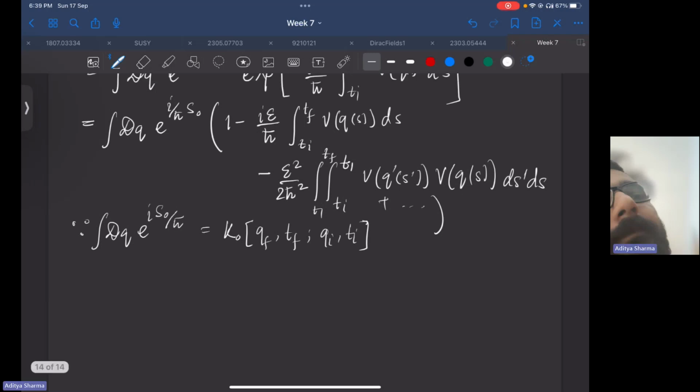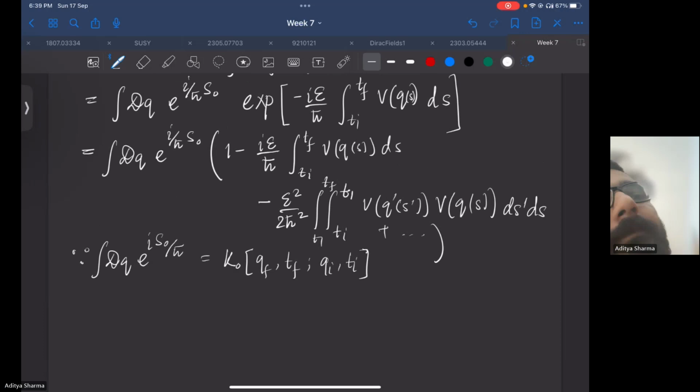So the first term is this. You integrate over this and you get some value of this thing. Now here, you see, these are all definite integrals, and it's a series. These definite integrals will give a finite value.